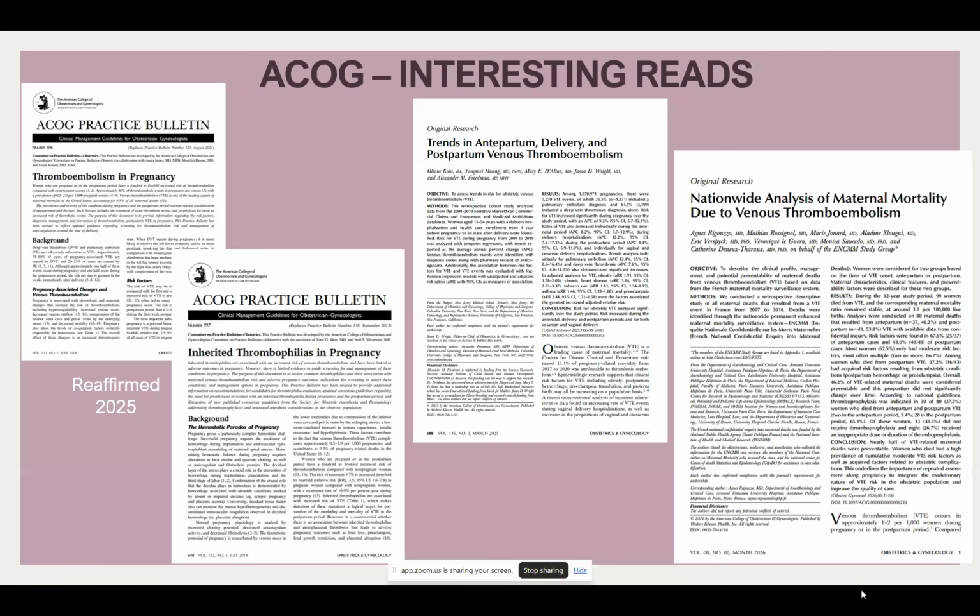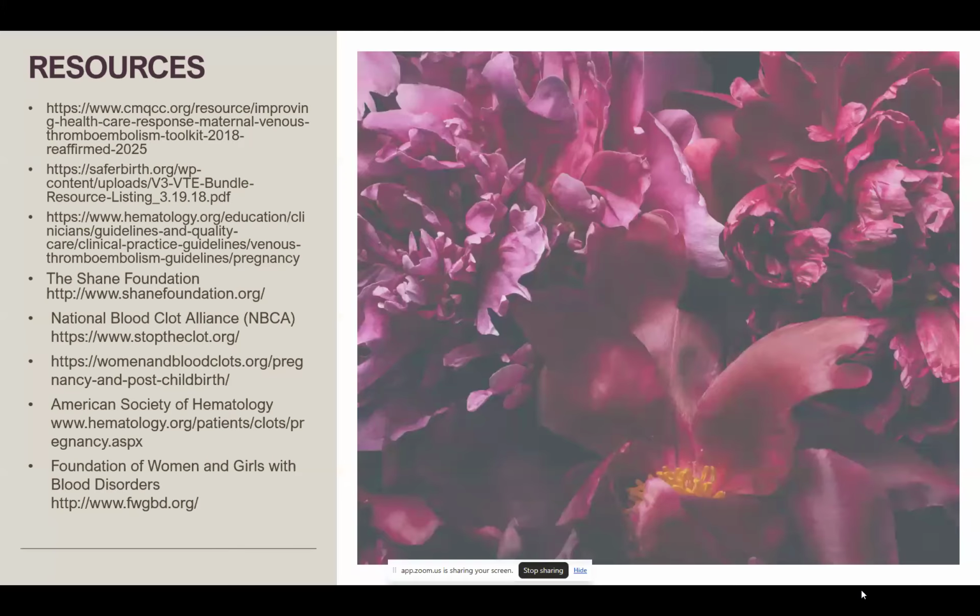It looked at how many women actually received prophylaxis, whether it was appropriate prophylaxis, and what the related pieces were for the maternal death. I would recommend it if you haven't read it. It just came out, I think, in March. I know it says volume 00, but I believe it was listed as March of 2026. So anyway, a couple of interesting reads if you want to check them out.